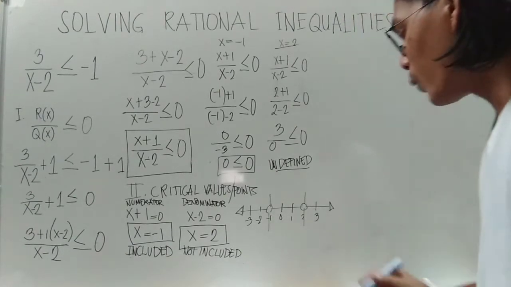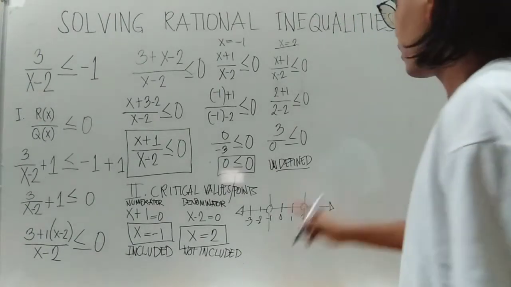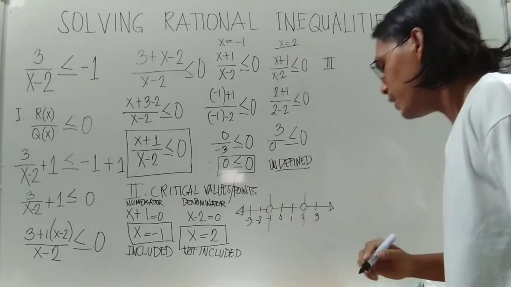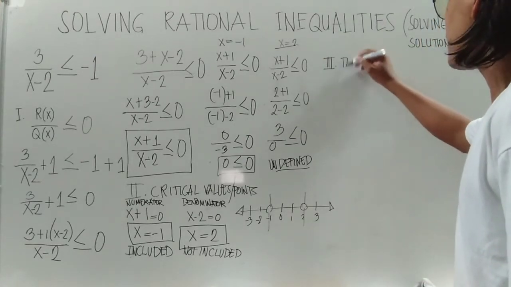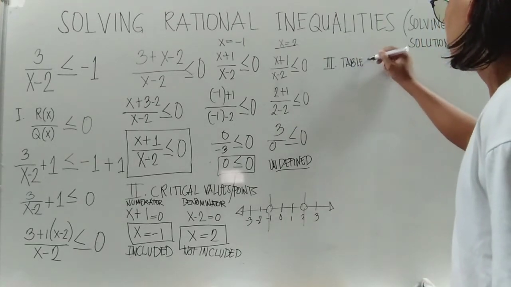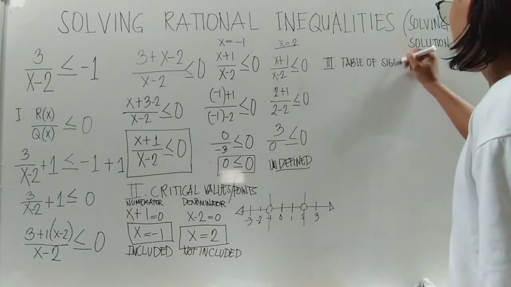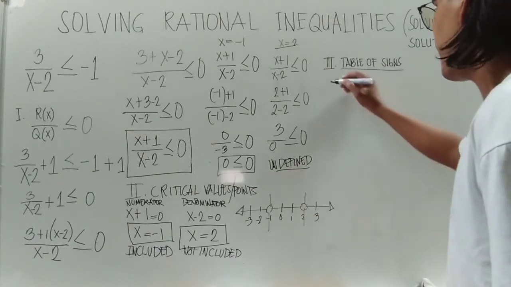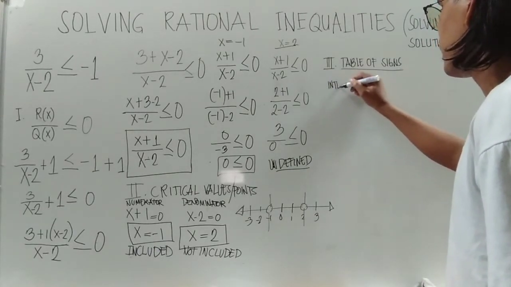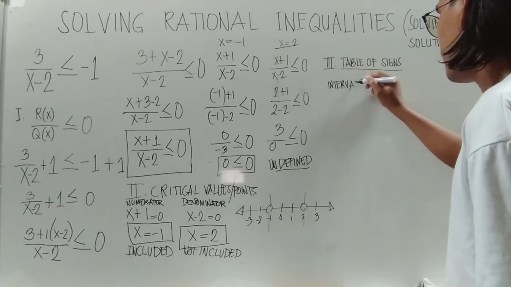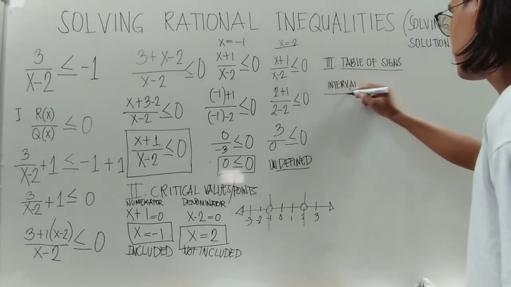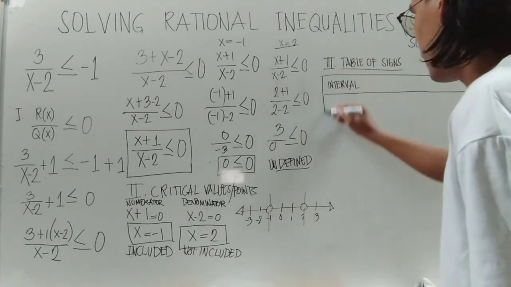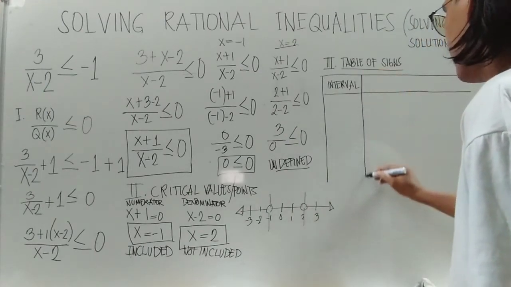So let's go to our next step. Step number 3 is the table of signs. In your table of signs, we have parts of your table. So we have your intervals.